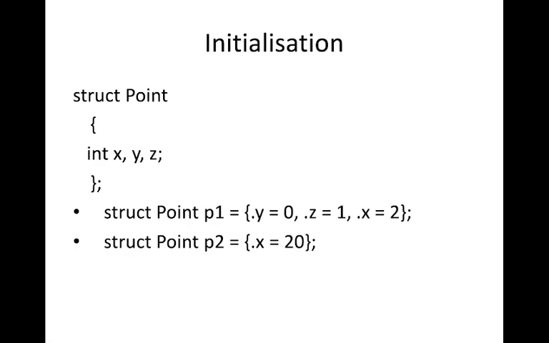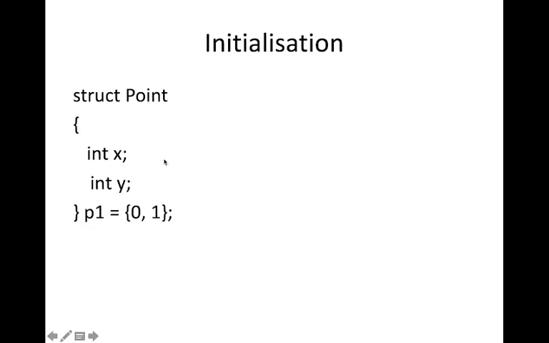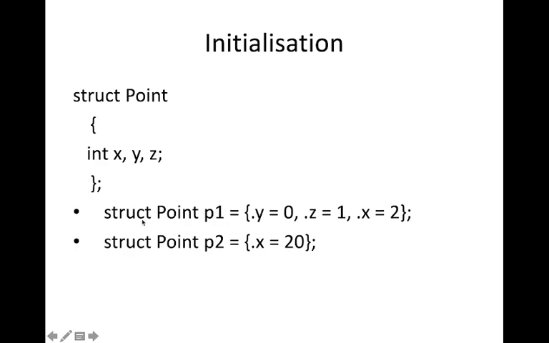And there is another way of initialization, which was started from the C99 compiler onwards. You can initialize like this also: struct point, you are declaring x, y, z. In the previous way you have to give each value separately. But if you want to initialize only certain elements, it is also possible. So you can initialize like this: struct point p1 equal to, now you are changing the order.